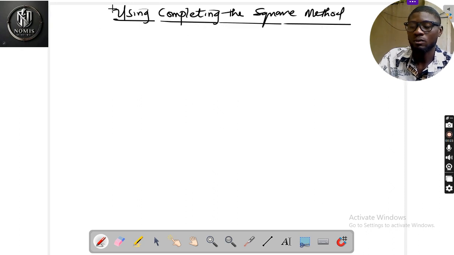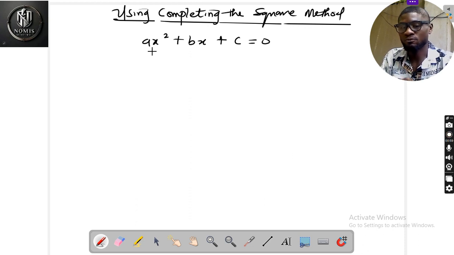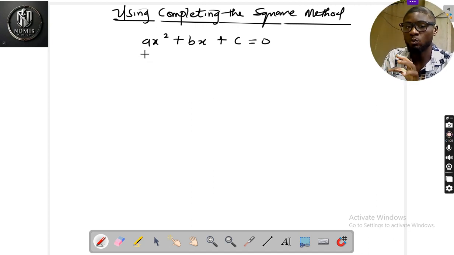So you should recall that the form of quadratic equation is ax squared plus bx plus c equal to 0. So this is the form of quadratic equation. And the process of using this form to find the root of a quadratic equation helps us to end up having the almighty formula that we all know.